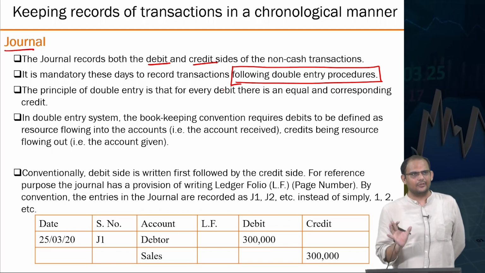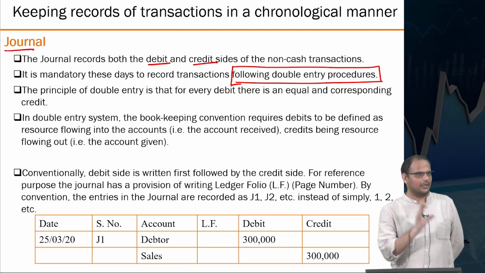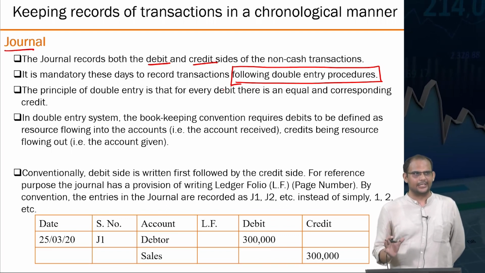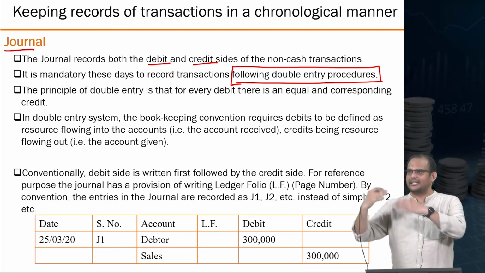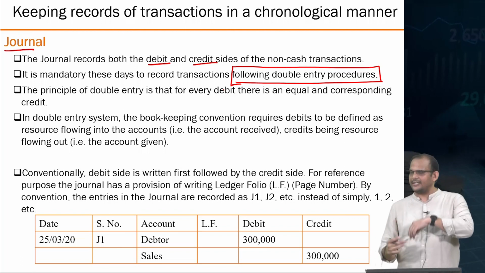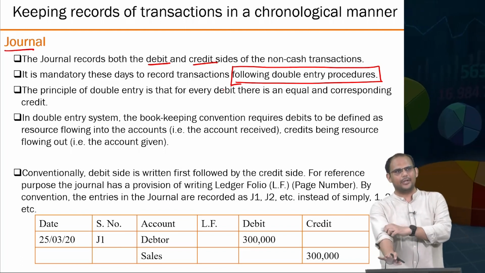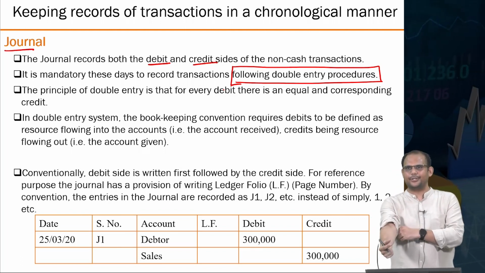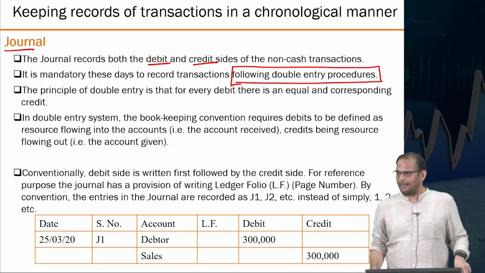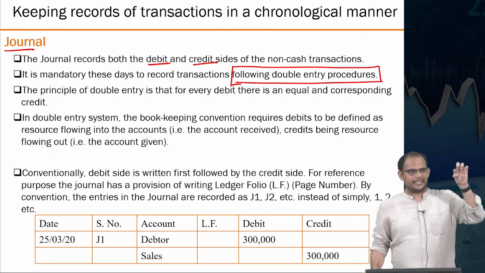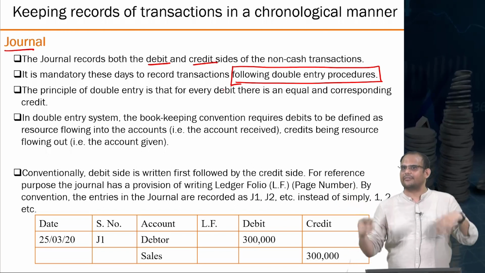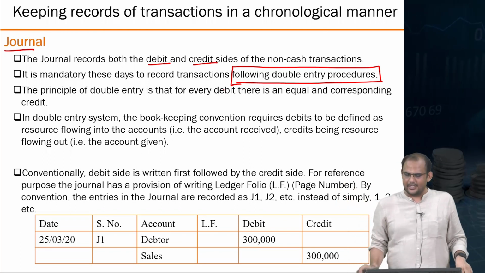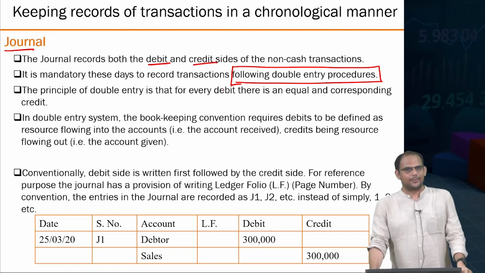Any transaction will have an equivalent debit and credit both. That's the principle you need to assure, so that your sum of debits and credits always match, and if you're following double entry, it's also easier to figure out where the error happened. Then you can know, okay, this is a debit entry, but where is the corresponding credit entry? I am not able to see it. So this is where the mismatch is happening, right? So this is the double entry procedure.